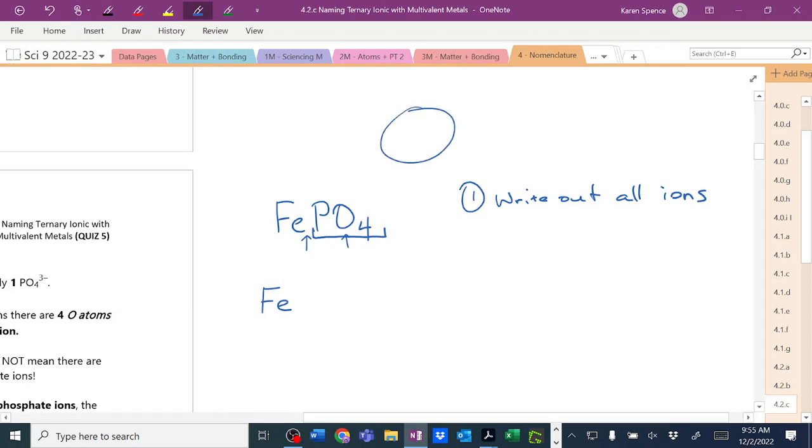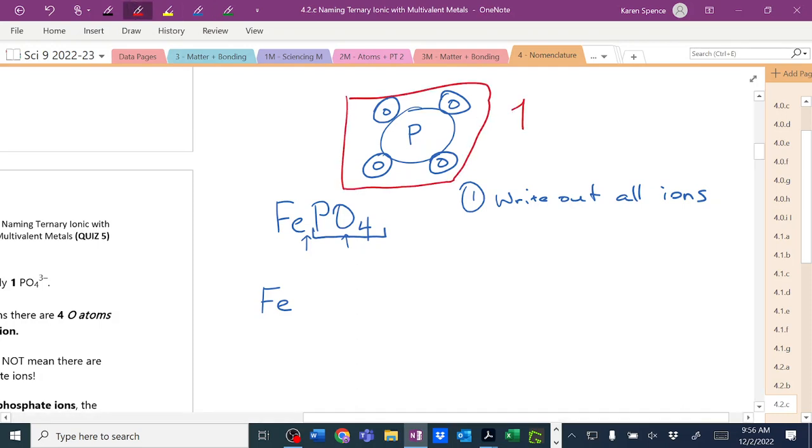We have a single ion that has 4 oxygens on it, but we just have 1 PO4, which is phosphate. We don't have 4 of them.